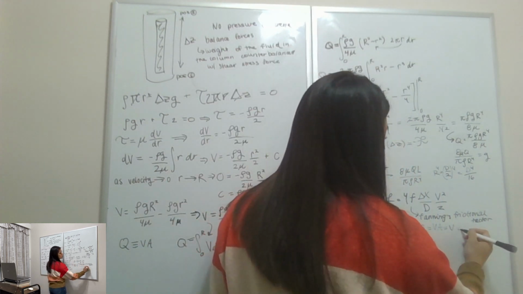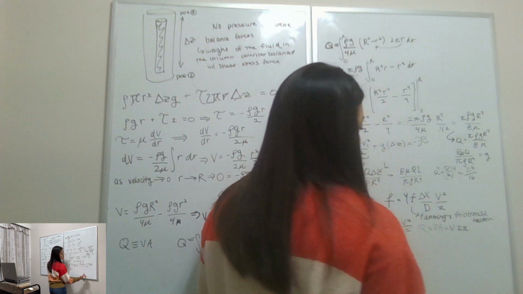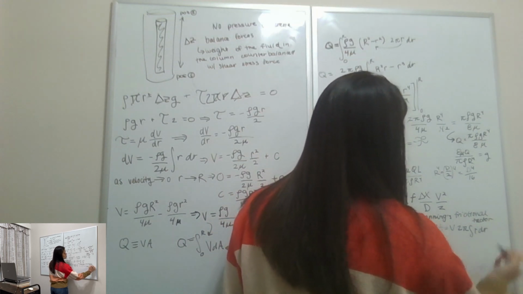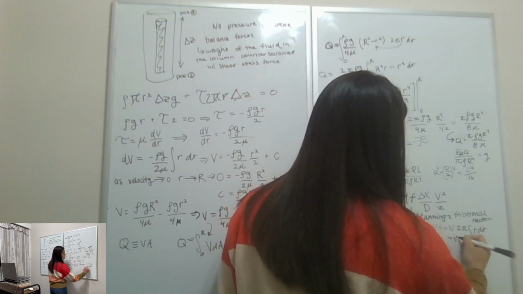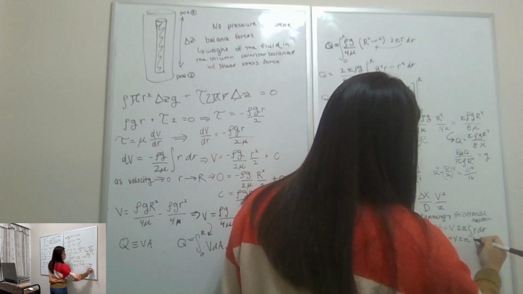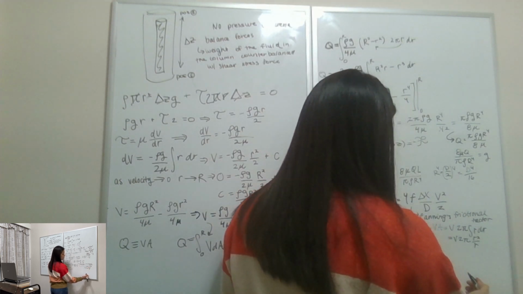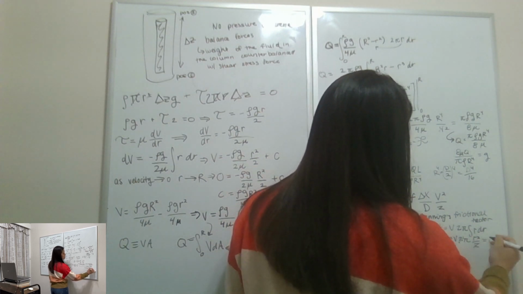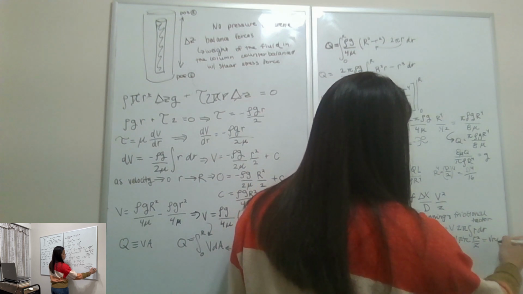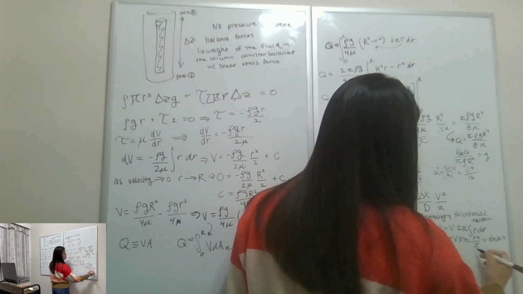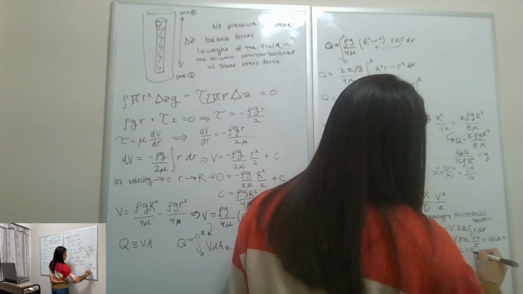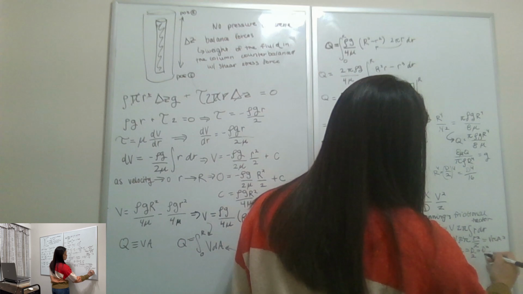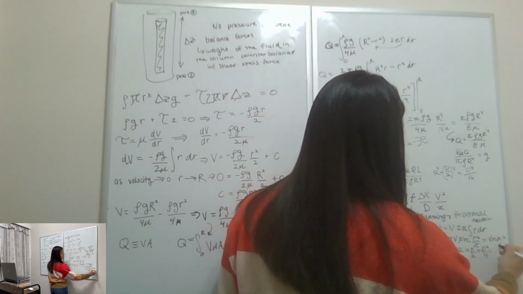So that's going to be 2 pi, which are the constants, and then the integral of the radius dr. So that's going to equal velocity times 2 pi times r squared over 2, and so the 2's will cancel out. So that leaves us with the velocity of pi times the radius squared, but the radius is defined as the diameter over 2. So squared, that's going to be the diameter squared over 4. And so that can be plugged in for the radius here.